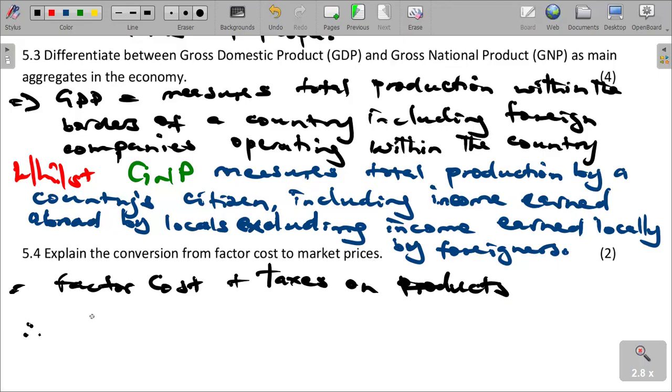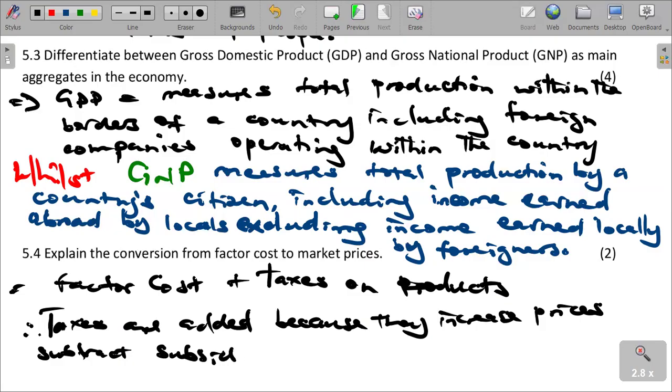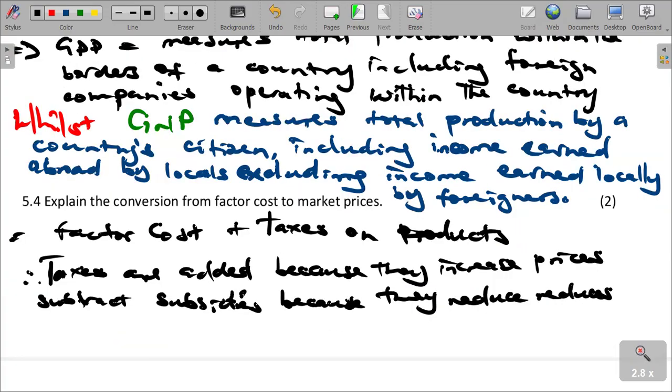I want you to note that taxes are added because they increase prices, and then we subtract subsidies because they reduce prices. That is one thing that must be known.